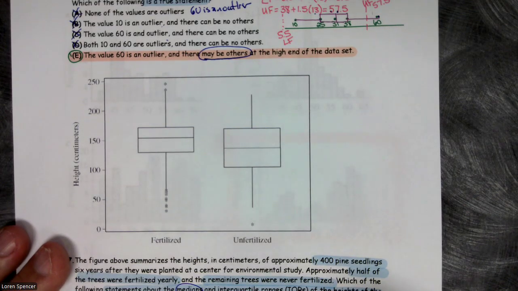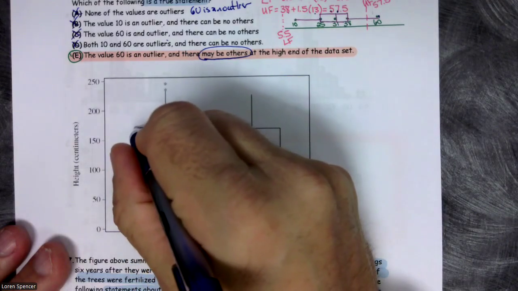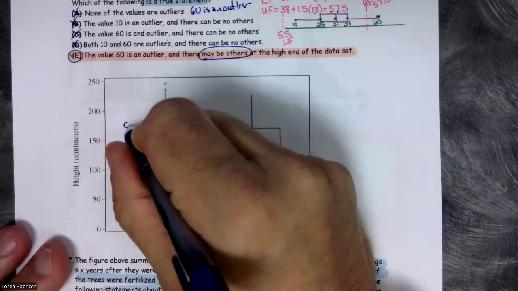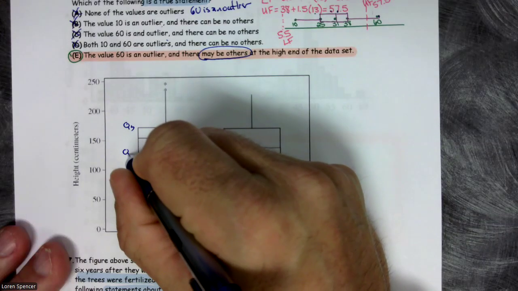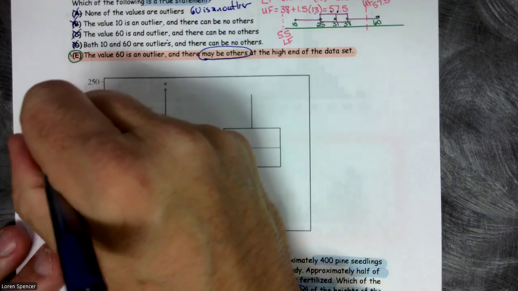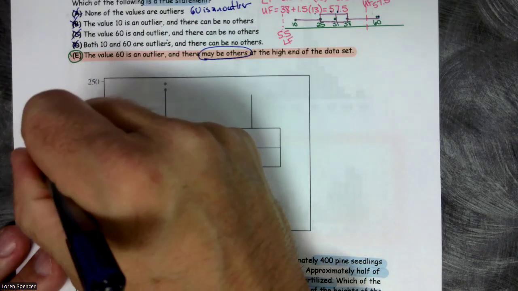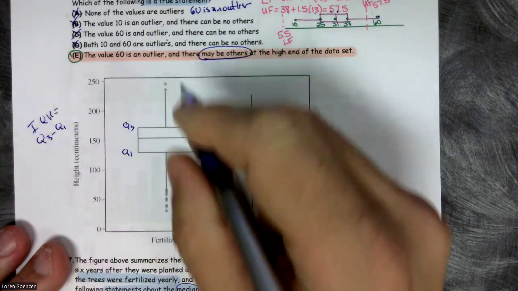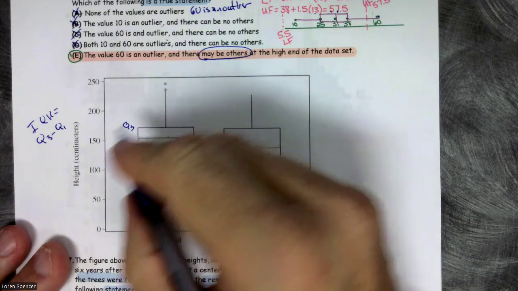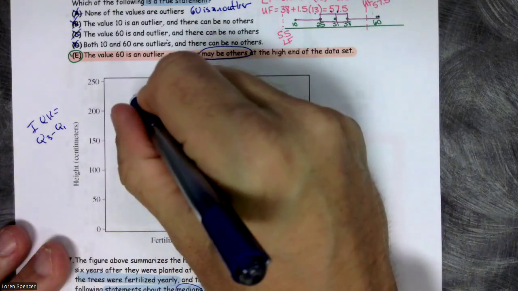So we care about the medians and IQRs. Okay, so this is my IQR because this is Q3 and this is Q1. And remember, IQR is Q3 minus Q1. So this one has a smaller IQR.